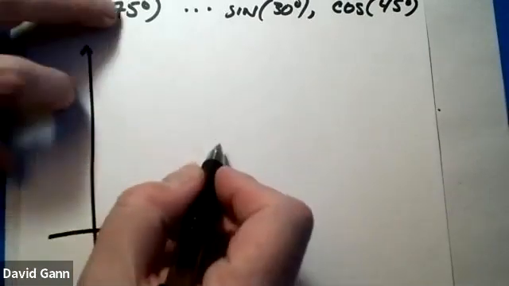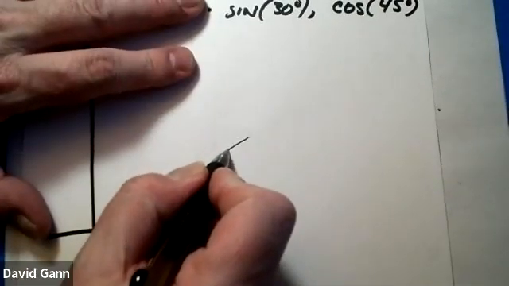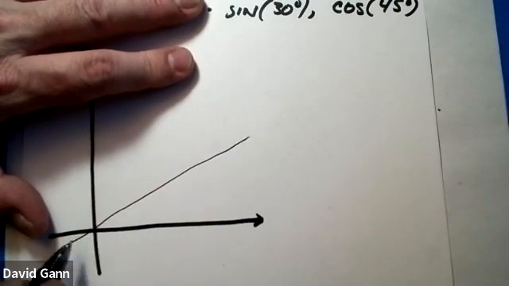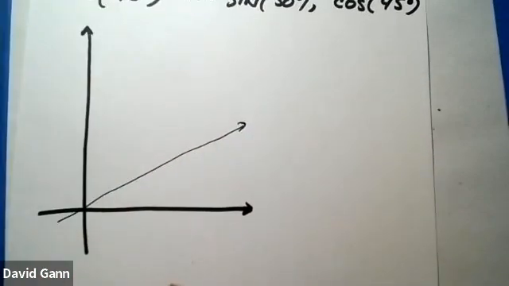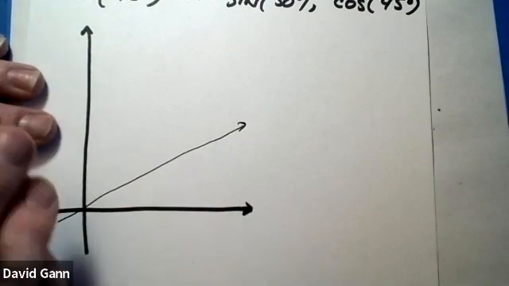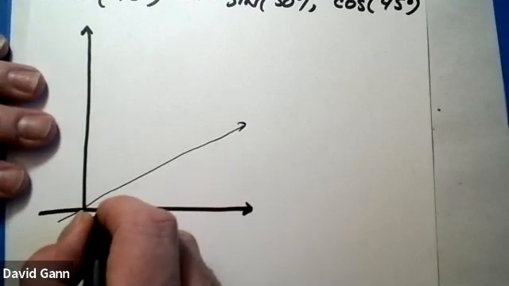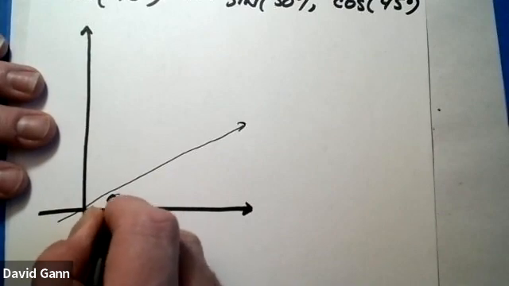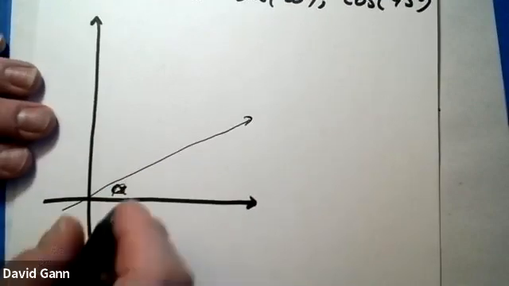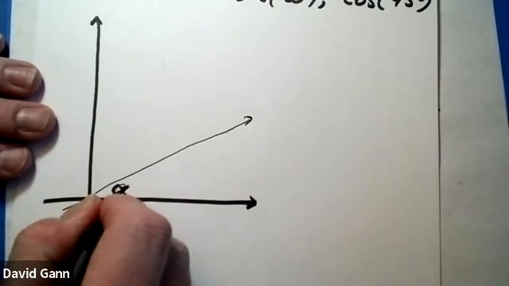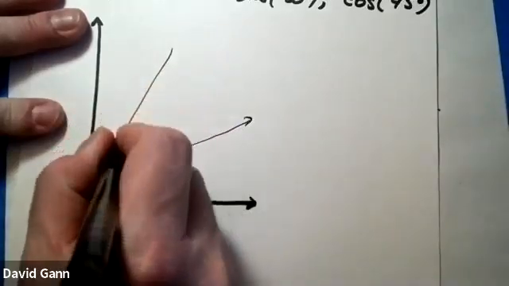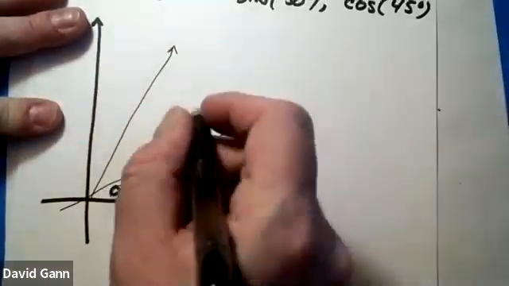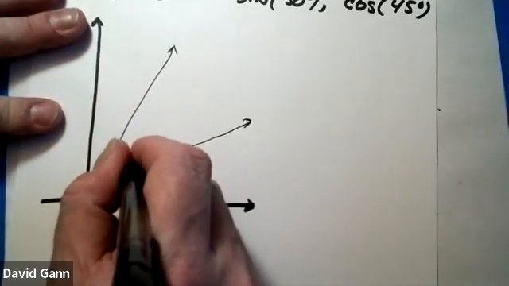So the first thing I'm going to do is draw in what we would call angle. Let me do it with some Greek letters so we're real clear what's what. So let's say that this is angle alpha, and this is angle beta.